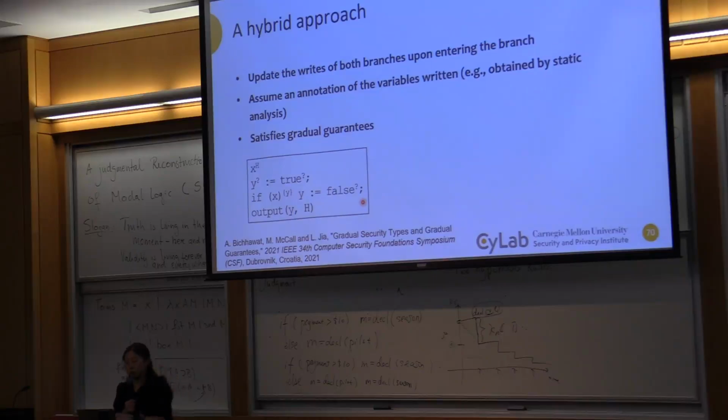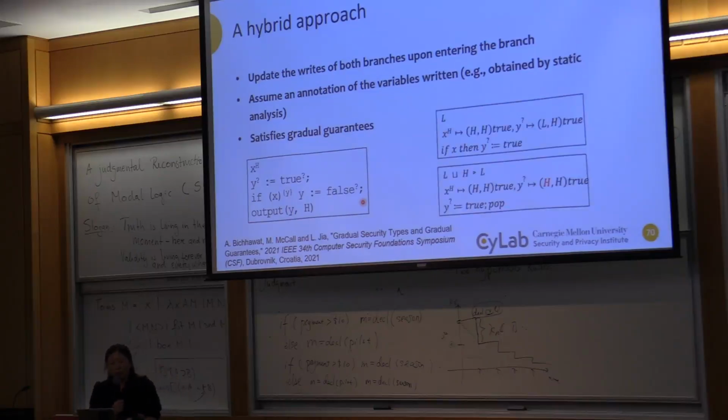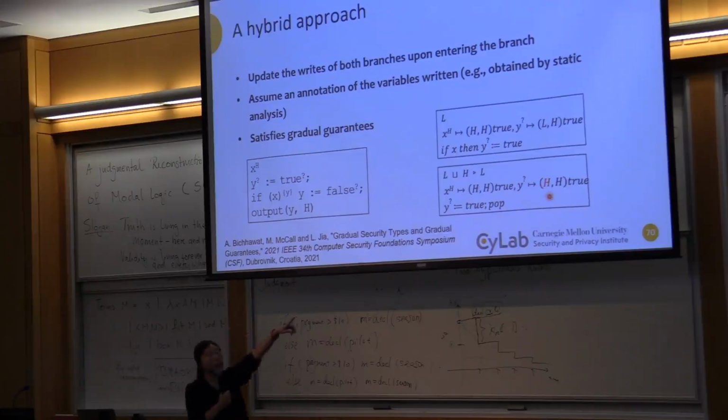So when I go to the branching statement, if the PC is high, I will look at this set of variable y. I'm going to upgrade all the labels that could possibly be written ahead of time, before I even start writing to the variable. Right? So this is called a hybrid approach.